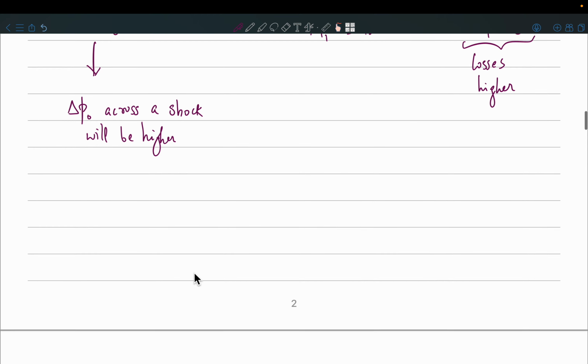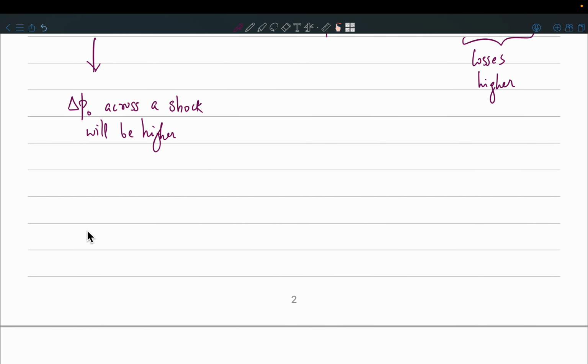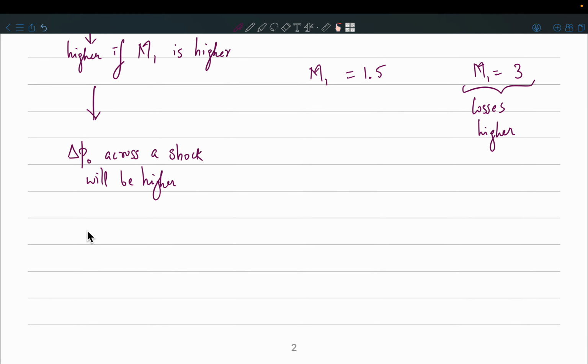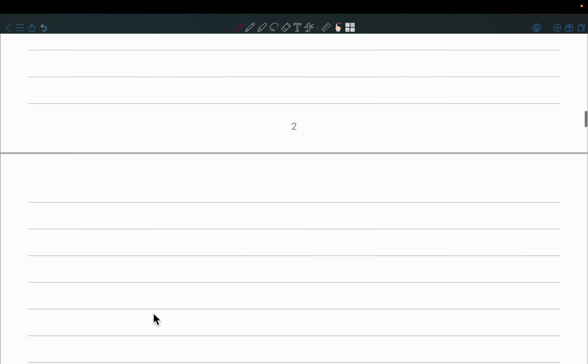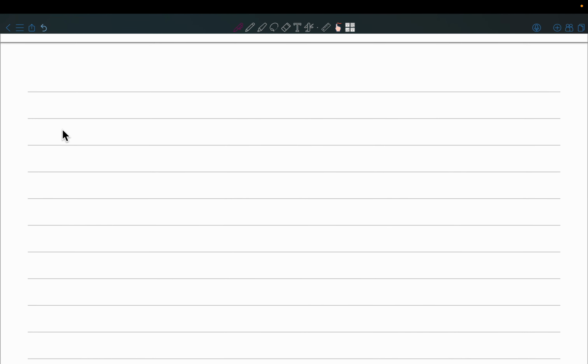Now do you know how to relate the stagnation pressure and the area? No? Okay. So let me do a small, important derivation for you. I'll start with the area relations. I think you must be aware of this. If not, you can go back and check the derivation. So I'll write down this equation here.